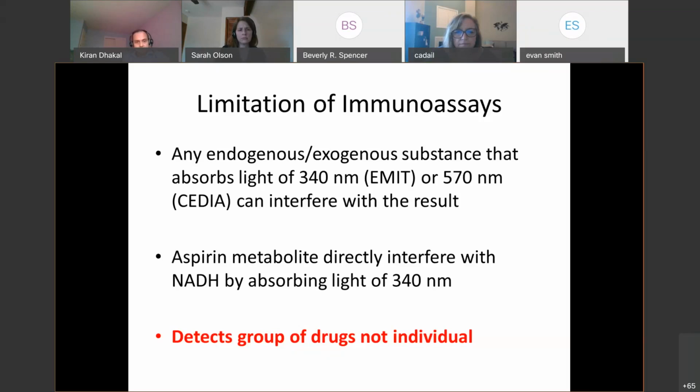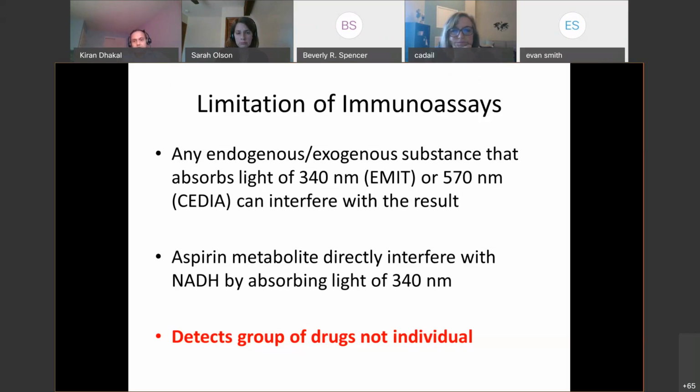And aspirin metabolite, aspirin being a very common over-the-counter drug, if people are taking aspirin, their metabolite can interfere with the assay that uses 340 nanometer wavelength. So all the enzymatic assays can be interfered with by this aspirin metabolite.